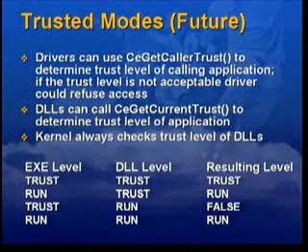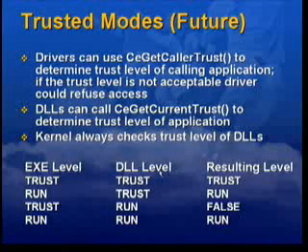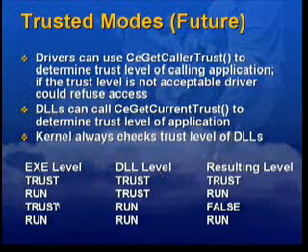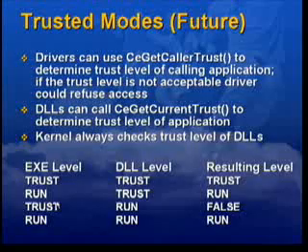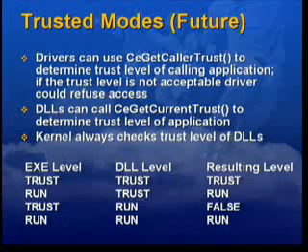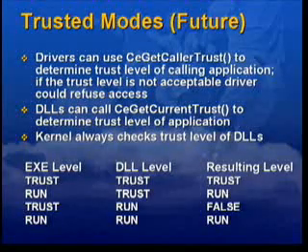And the kernel always checks the trust level of DLLs, and it compares it with the trust level of the application. So the kernel will not load a DLL that has a lower trust level than an exe has. For example, if the exe has a trust level of trust and the DLL has a level of run, the DLL will not load.